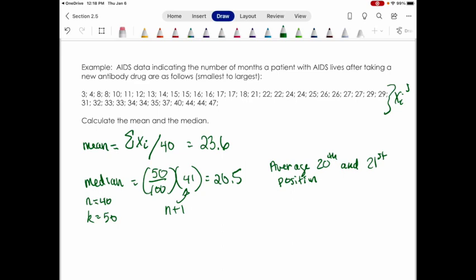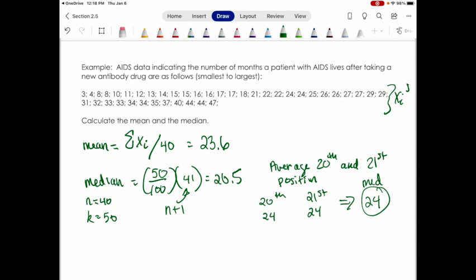So when I count from smallest to largest up, and I find the 20th and the 21st position, let's write this down, in the 20th position, that's going to be 24, and then the 21st position is also 24. So when I find the average, I have 24 plus 24 divided by 2, and that's going to give me 24. So this is going to be our median.